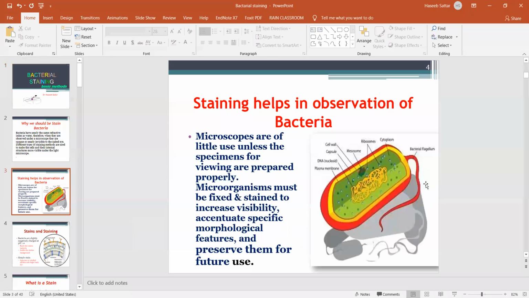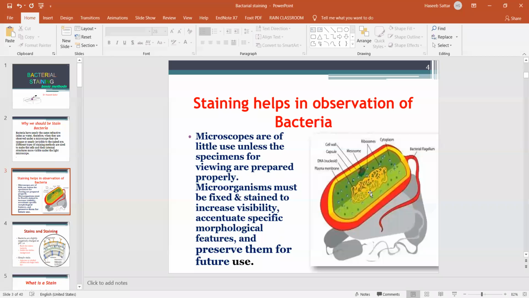Staining is the technique through which we can color our bacterial cell. Before coloring the bacteria, we must fix the bacteria on a slide. For microscopic evaluation, when we want to make a slide of a bacteria, the bacteria should first be fixed and then colored.